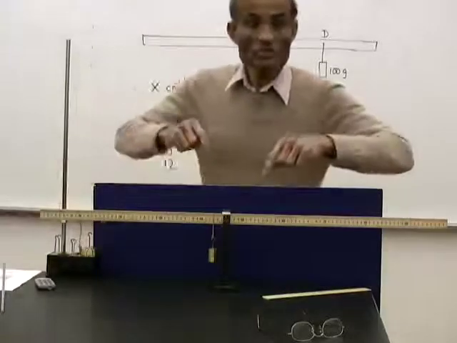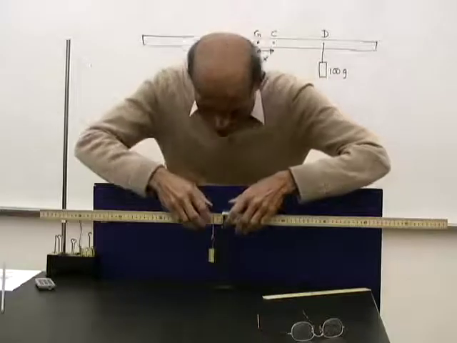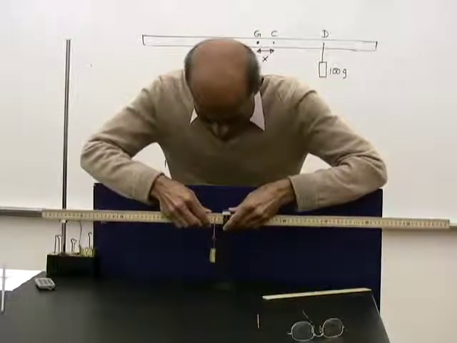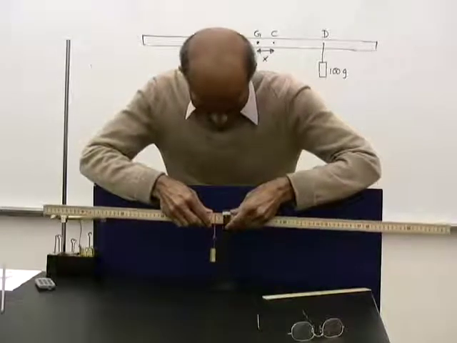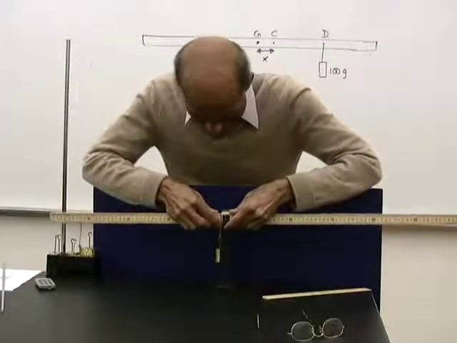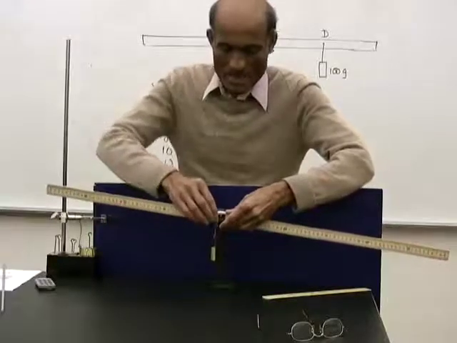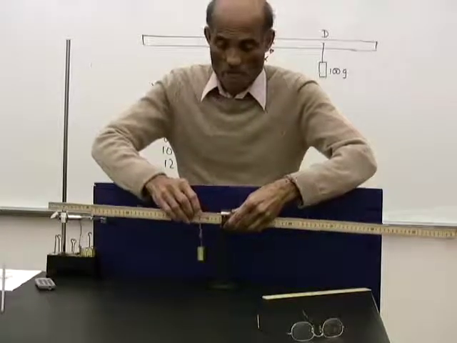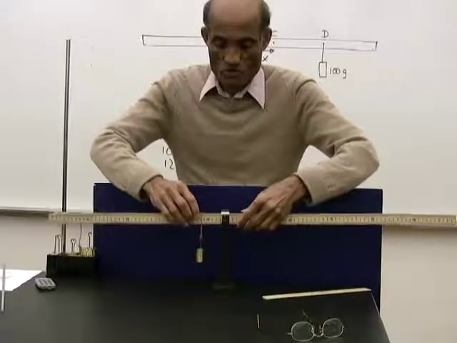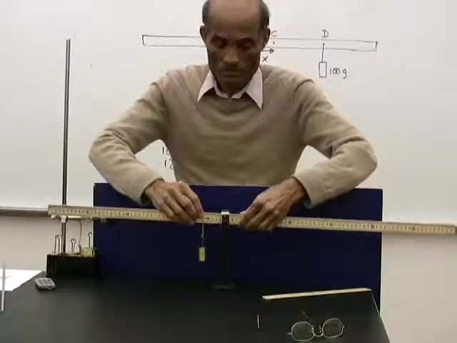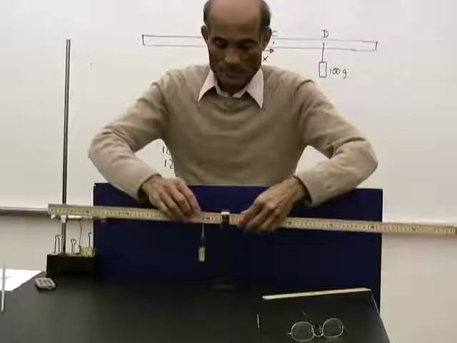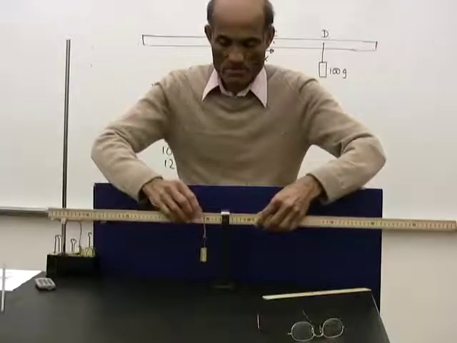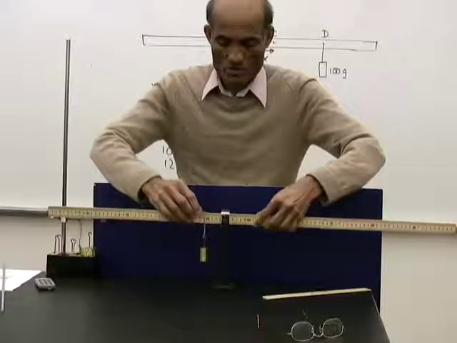So let me change the distance X. You can see I need to move the ruler 2 centimeter, and then I need to move the mass away. Now what is the new D value? Well, let's see how that balances.